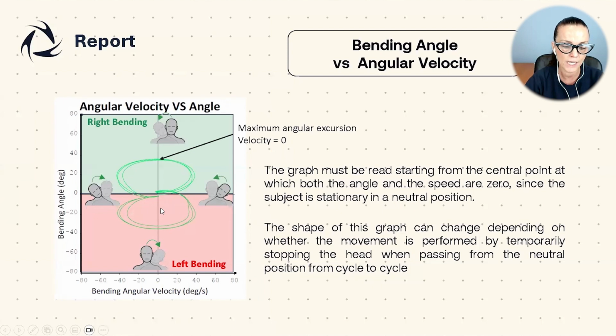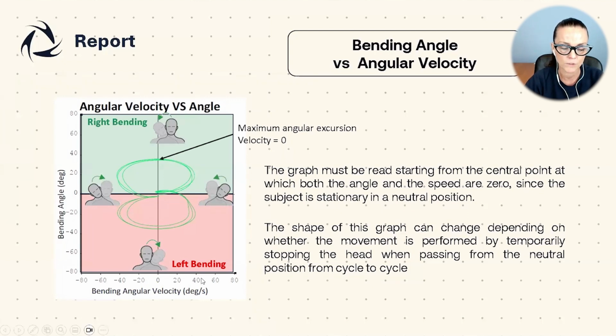And each time the angular speed will assume a null value, both in the neutral position and in correspondence with the points of maximum angular excursion. The speed peak will be reached here in the central part of each phase.